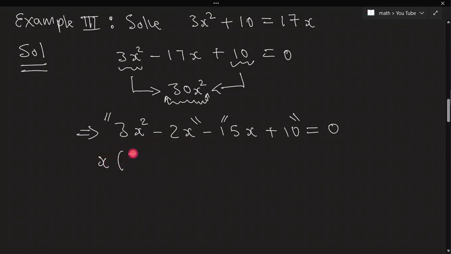The common factor here, we can see, is just x. So I'll pull x out, and what is going to remain is 3x minus 2. Then, immediately when I'm done with the first expression, I bring down the sign of the next term. Then I look for factors of these two numbers now. What are the factors of these two terms, 15 and 10? We see it's 5, so we put that.